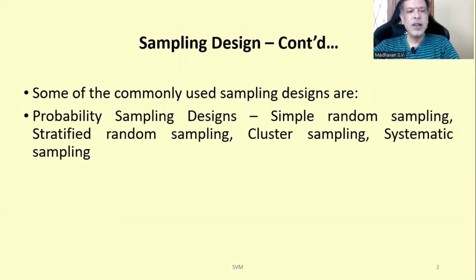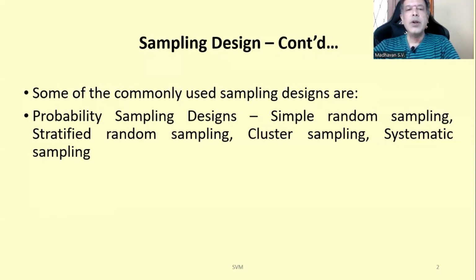The next one is stratified random sampling. In this case, you divide the whole population into different strata. Strata means subgroups. You divide them into subgroups in such a way that within the strata there is homogeneity and between strata there is heterogeneity.